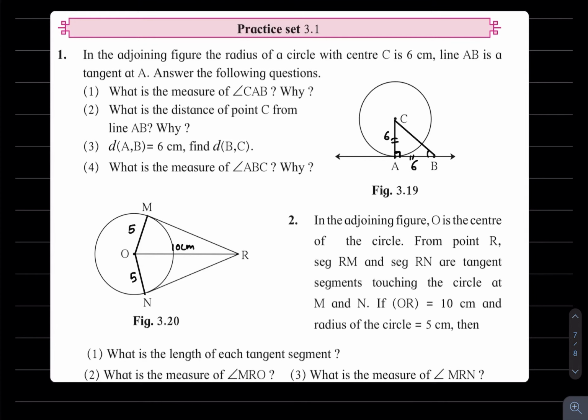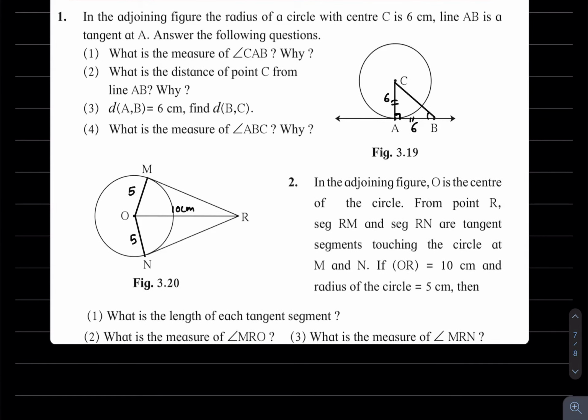Next problem is, in the adjoining figure, O is the center of the circle. From point R, segments RM and RN are tangent segments touching the circle at M and N. If OR is 10 cm and the radius of the circle is 5 cm, then what is the length of each tangent segment? So you have to find MR and NR.